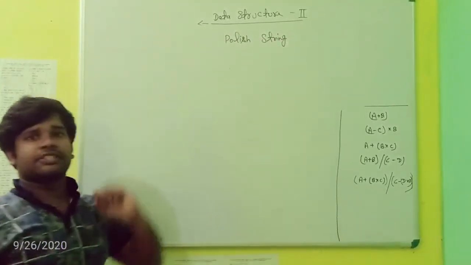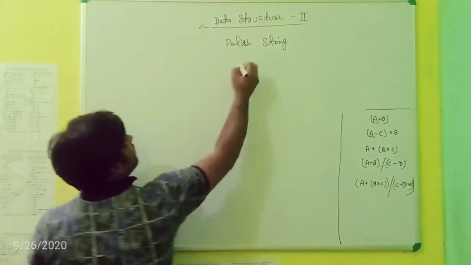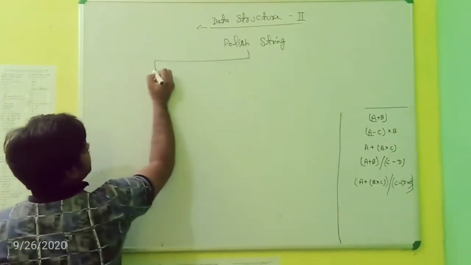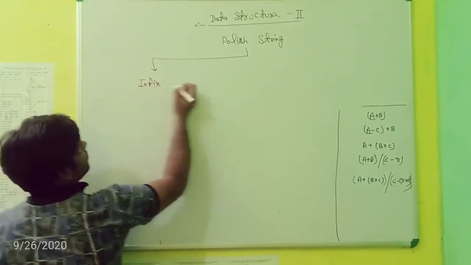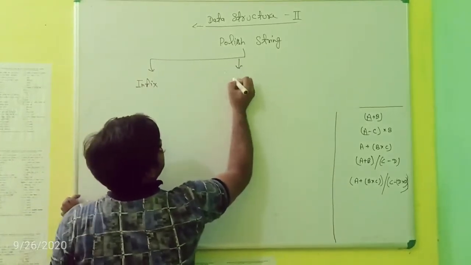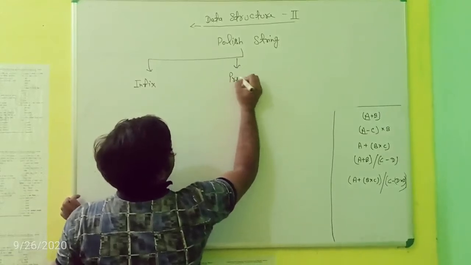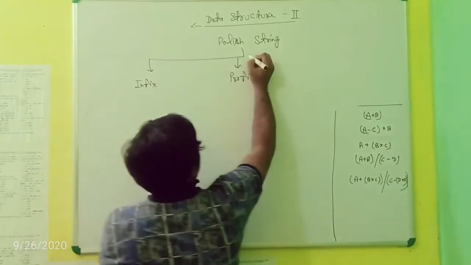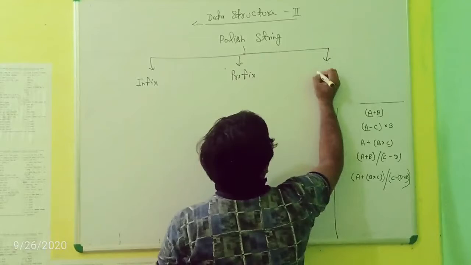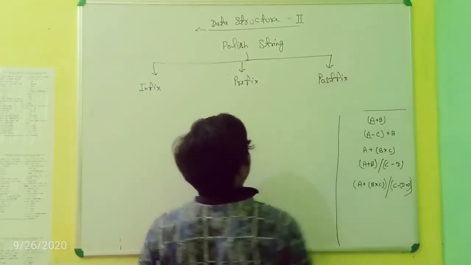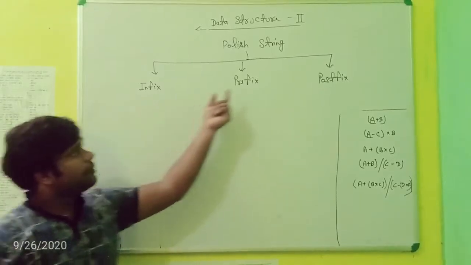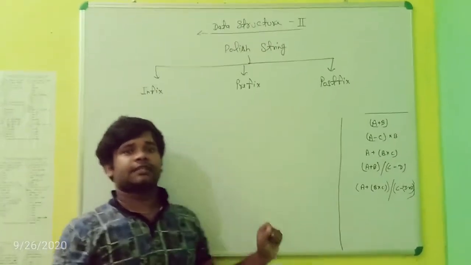Basically it is of three types. The first one is infix, the second type is prefix, and the third type is postfix. Okay, so infix, prefix and postfix. There are three types of polystyrene.